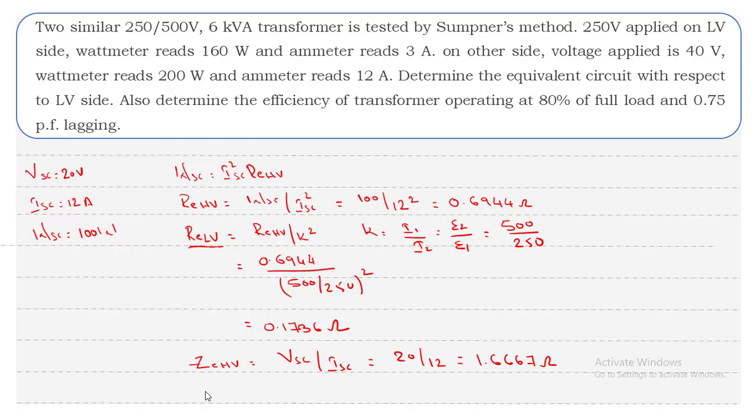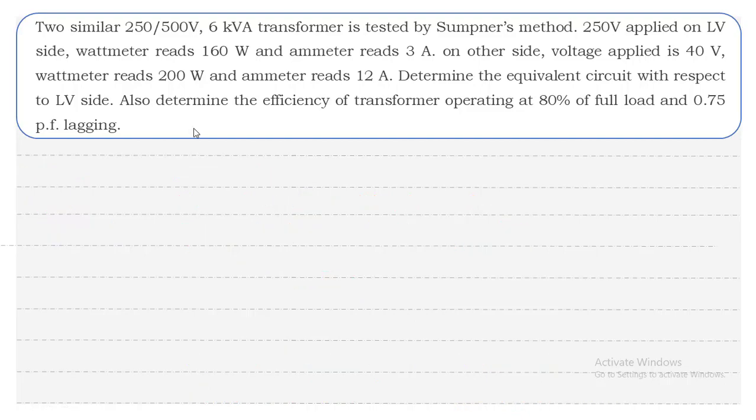Now we will shift this impedance to LV side, that is ZE of LV is equal to ZE of HV divided by K square, that is equal to 1.6667 divided by transformation ratio is 500 by 250 whole square. After simplifying, we will get this value as 0.41675 ohms.